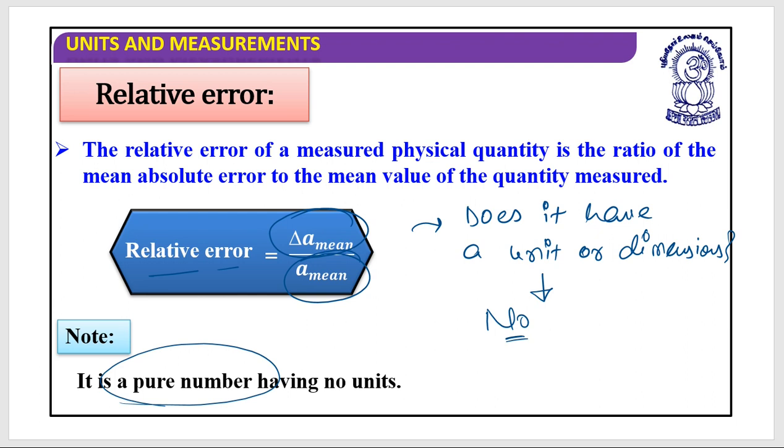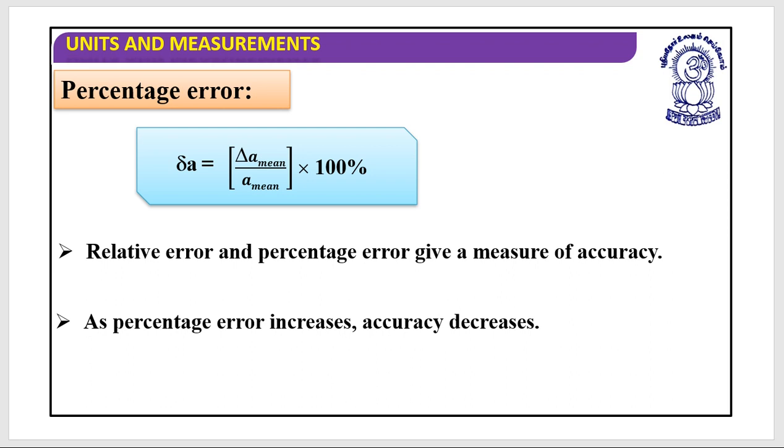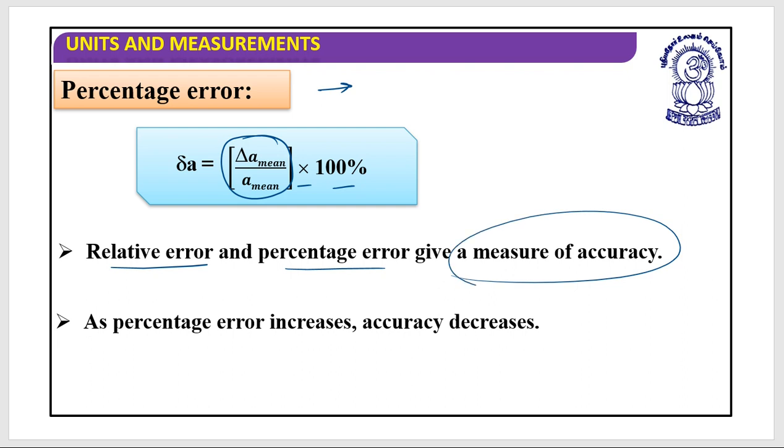And next, move to the percentage error. This is the last. So what is percentage error? We have considered the relative error. When I multiply relative error by 100, this comes to a percentage error. So relative error and percentage error give a measure of accuracy.